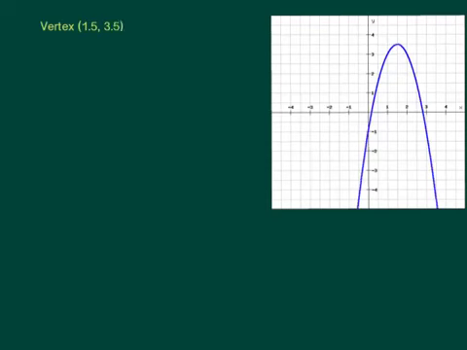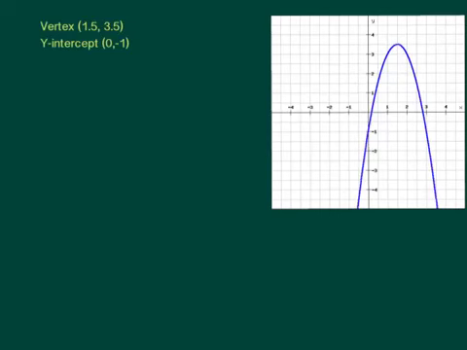And that it also goes through the point, the y-intercept is (0, -1). What it wants us to do is work out the equation of this graph.